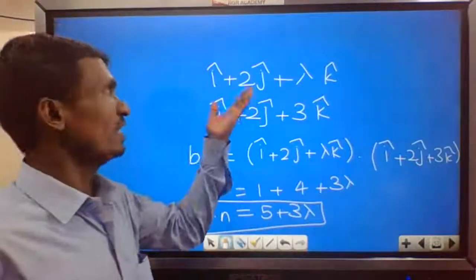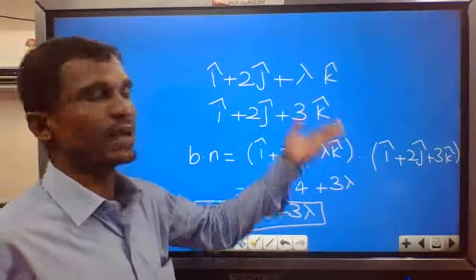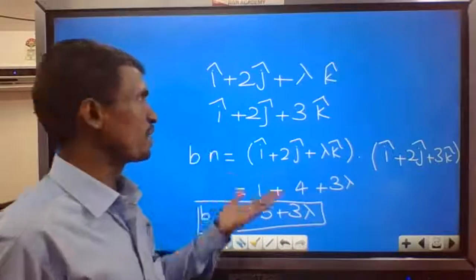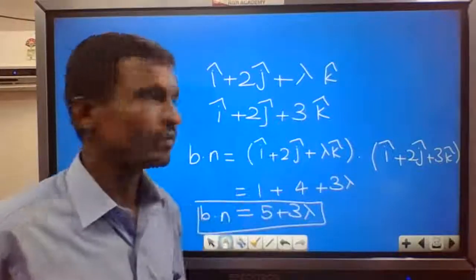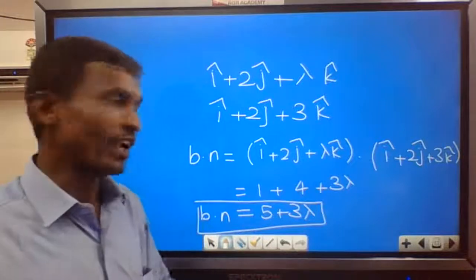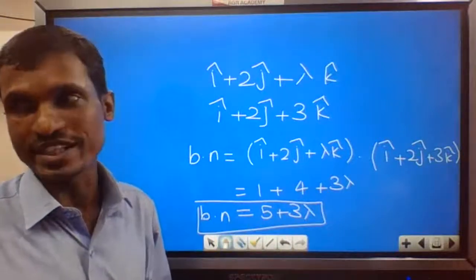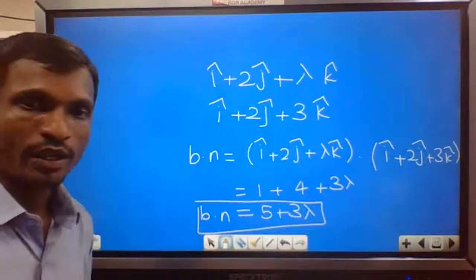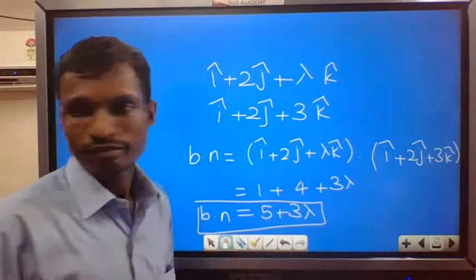From the line, i cap plus 2j cap plus lambda k cap. From the plane, i cap plus 2j cap plus 3k cap. So first we should find b dot n.